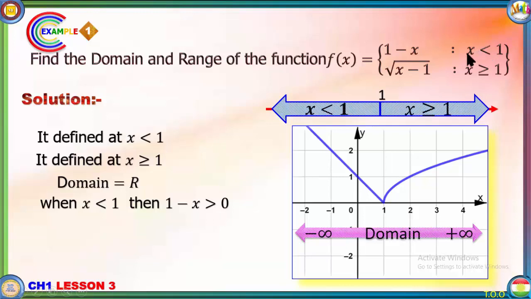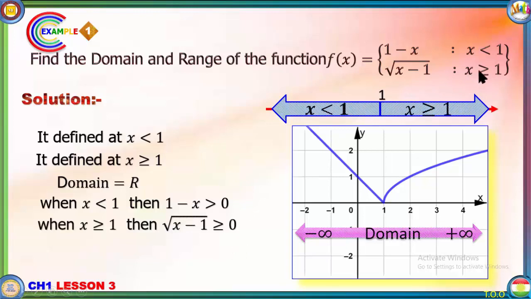If we take minus 1, then 1 minus minus 1 means 1 plus 1, it's 2, and 2 is bigger than 0. Therefore, when x is less than 1, then 1 minus x is bigger than 0.